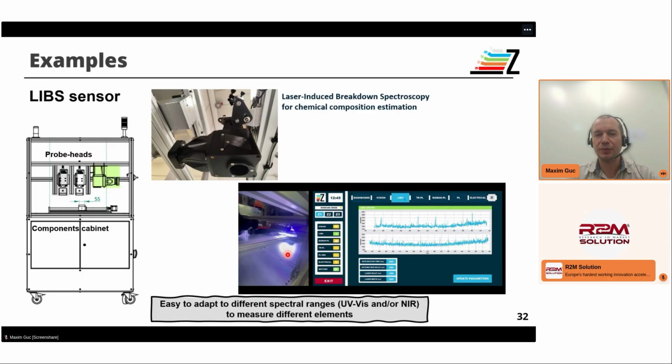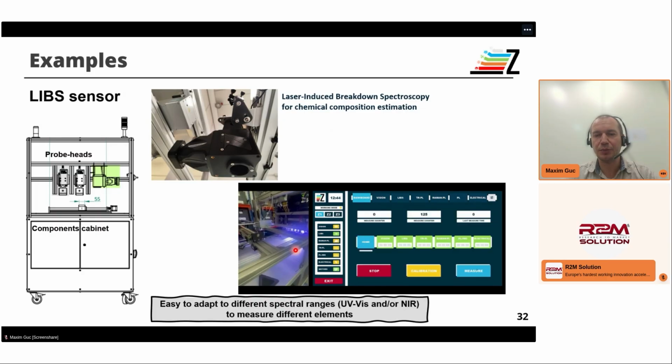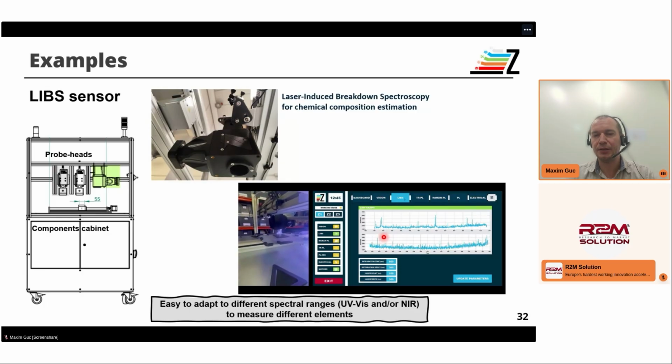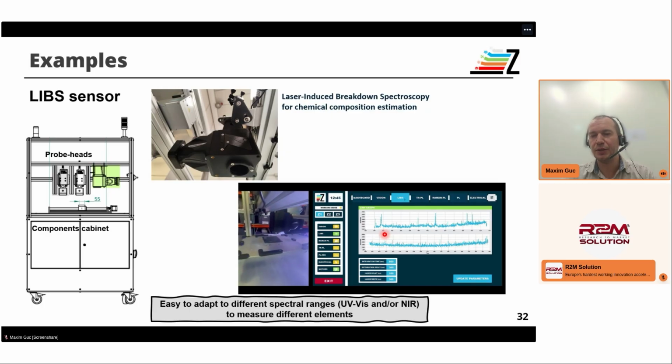So when the sample arrives behind the sensor, we start exciting the signal with a laser. There is some excitation of the laser, and then we are detecting the emission lines from these materials.